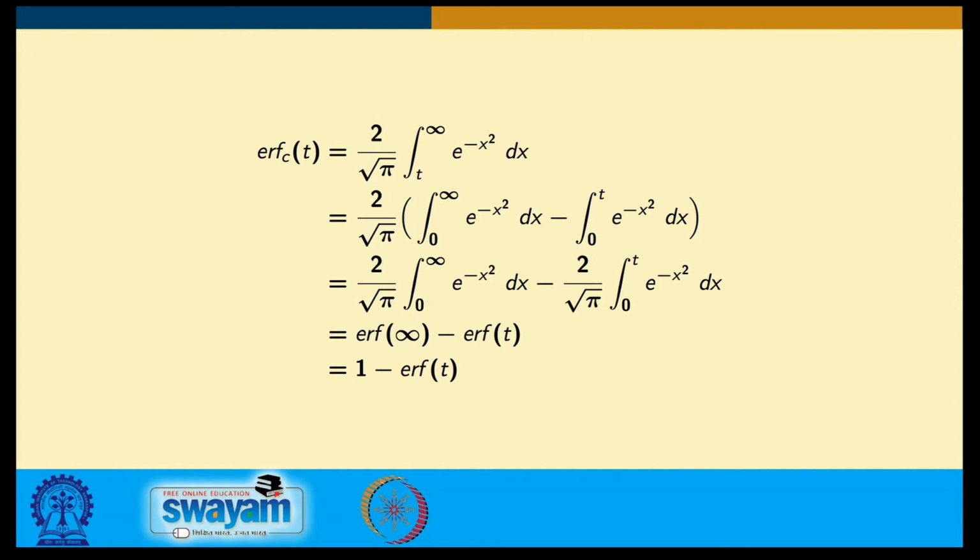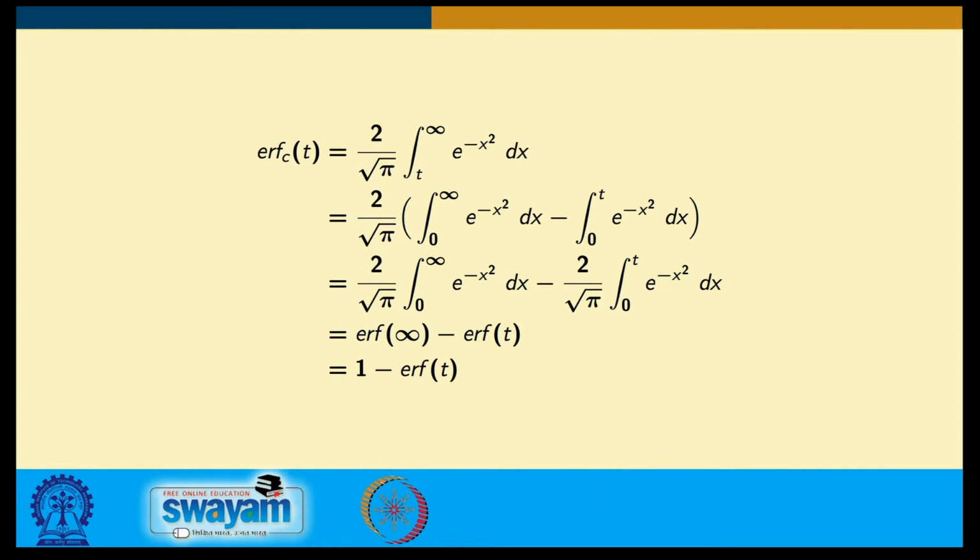I can write it in two ways, since the integral is from t to infinity, I can break it: 2 by root pi into integral 0 to infinity e power minus x square minus integral 0 to t e power minus x square.